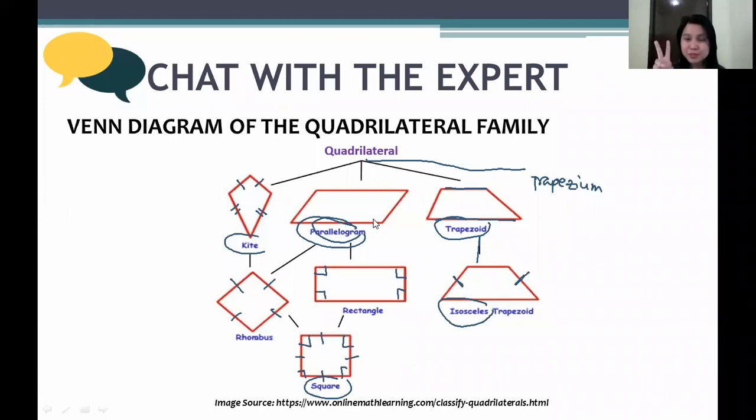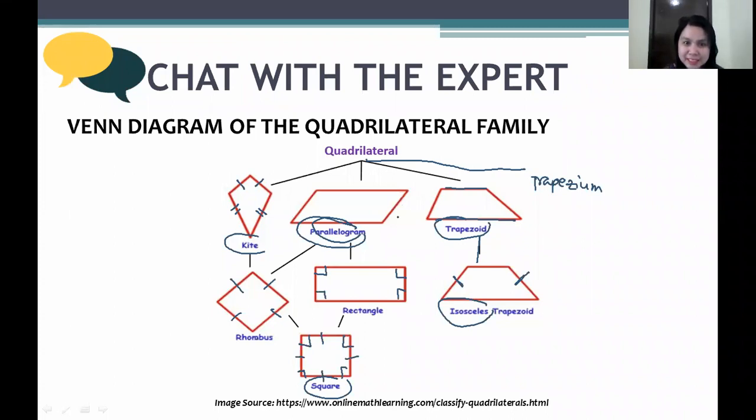Next, number 2. A quadrilateral is a kite. Oh, very good. It is sometimes true.